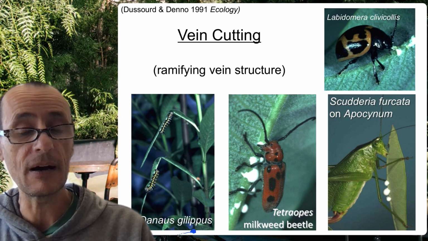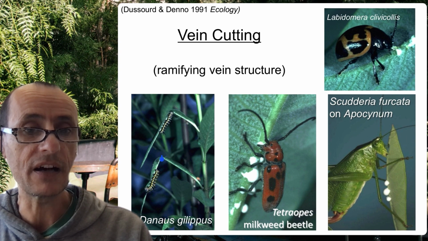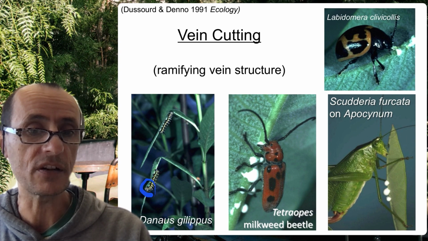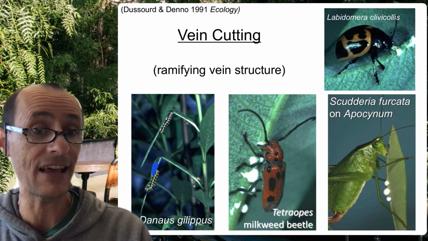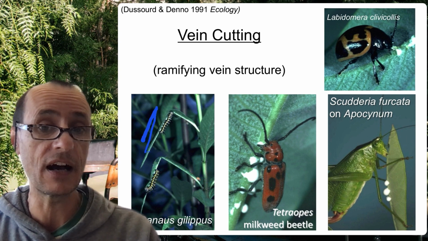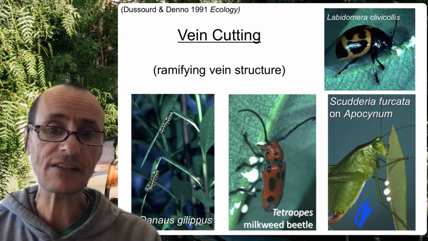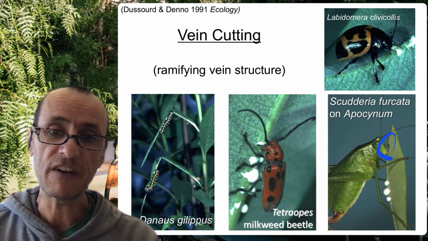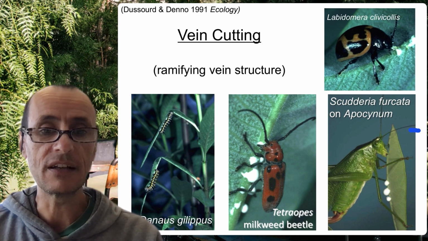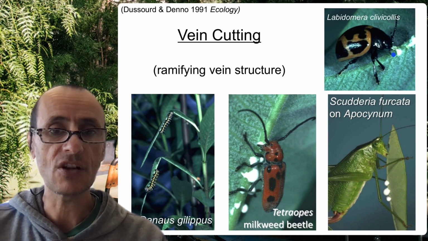Actually, this is a different Danaus species that clip the leaves at the midrib here, and then they feed on the distal part of the plant, where the tissues can't get that pressurized leaf resin to get there. There are grasshoppers here that are doing the same thing by clipping the veins and then feeding on the distal parts. They can avoid that as well. Here's a milkweed beetle doing the same, and so on.